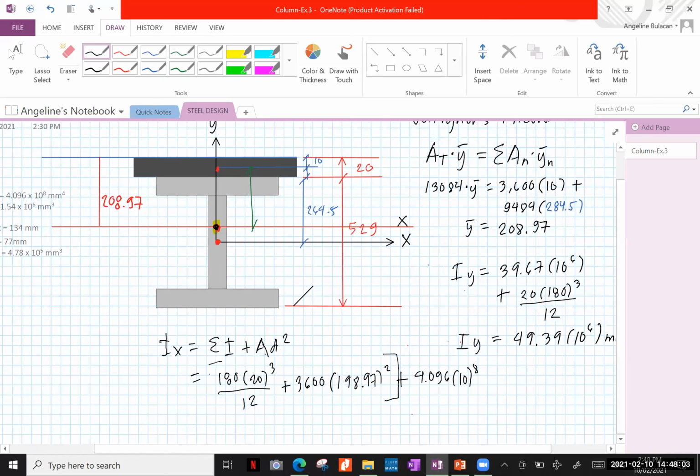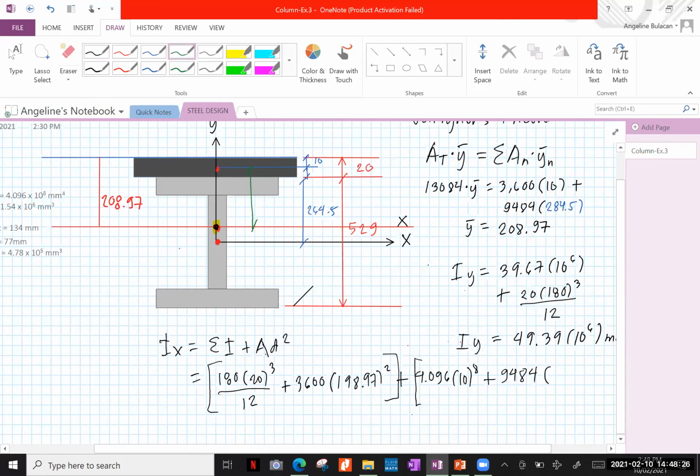Ito yung sa plate. Ito naman yung sa W section. I plus AD squared. Ang area niya is 9484. Ang D naman is distance of the original centroid nung W section with respect to the new centroid.